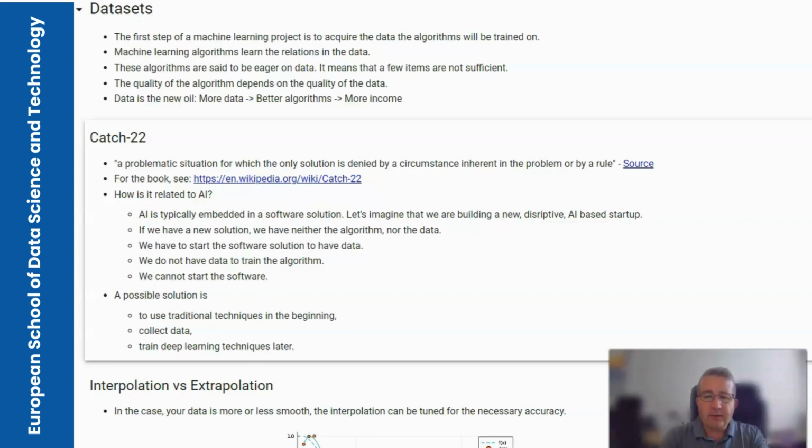And why datasets? Because as I told you, machine learning algorithms are trained on data, because their task is to learn the interdependencies of the data that is provided to them. It is very similar to how humans work, like how we learned the world around us.